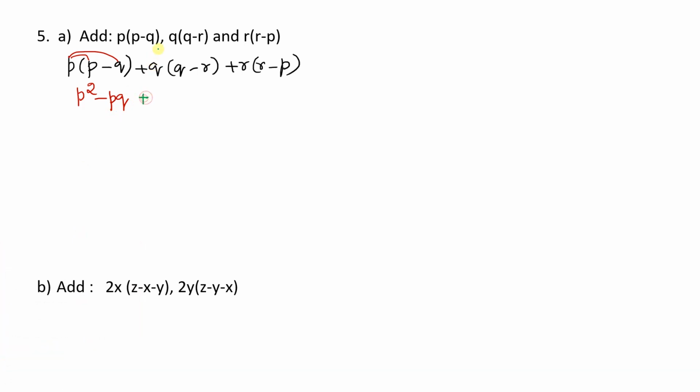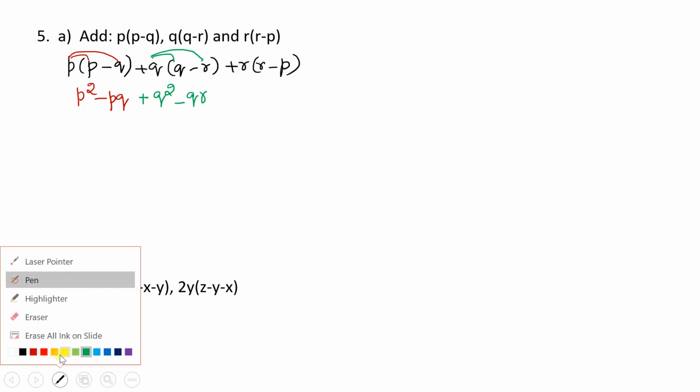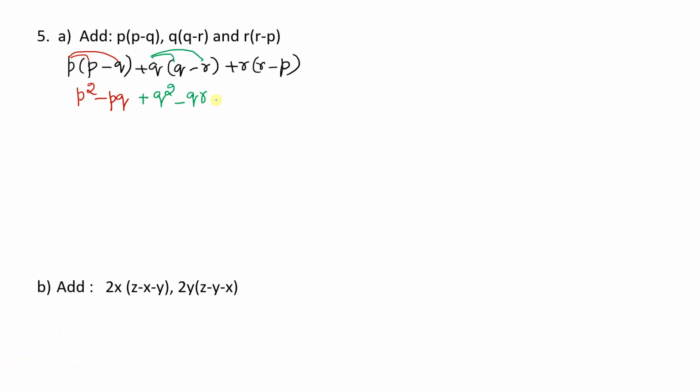Plus q into q is q square minus q into r is qr. Next. Plus r into r is r square minus r into p is pr or rp. Okay. Therefore, you can write their sum as p square plus q square plus r square minus pq minus qr minus rp.